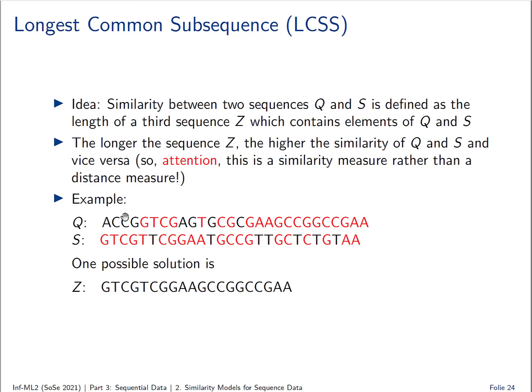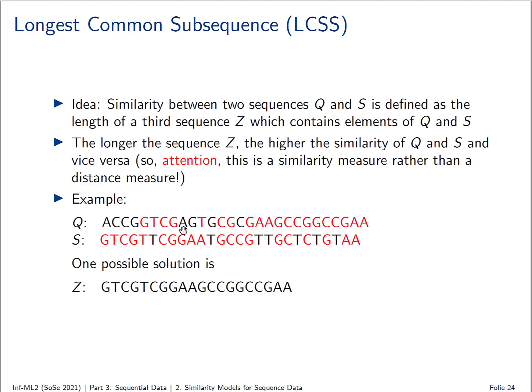Yeah? So here's an example. We have these two sequences, Q and S, whatever that is, and you see that a possible solution for the longest common subsequence is the subsequence which is highlighted in red in both sequences. Here it is again: G T C G T and so on.